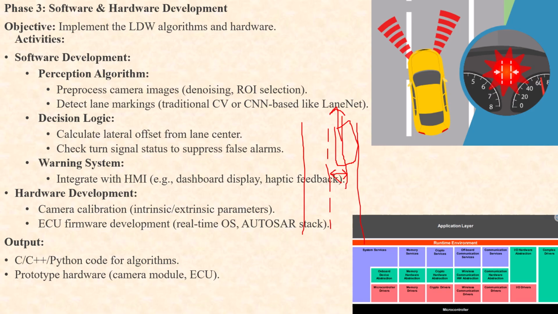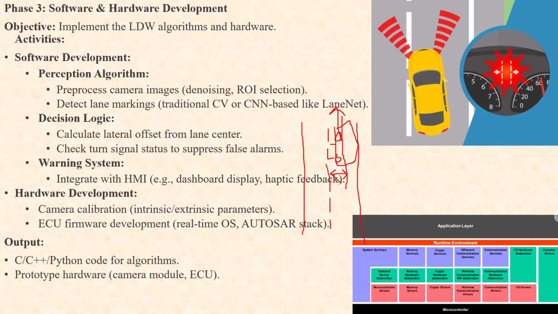Okay, there is no point warning when it is at a safe distance from the lane. It is only when the vehicle comes closer to the lane, when the left-hand wheels come very close, that the lane departure warning will begin to get invoked and activated.